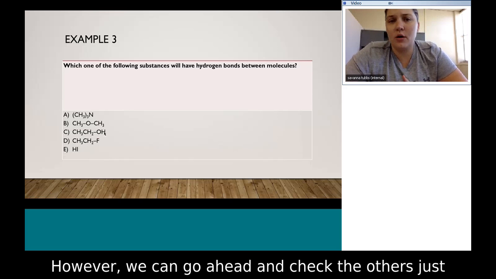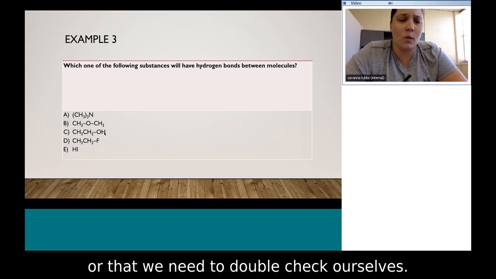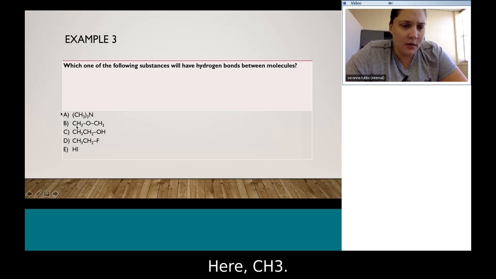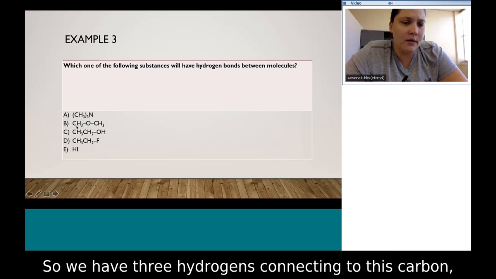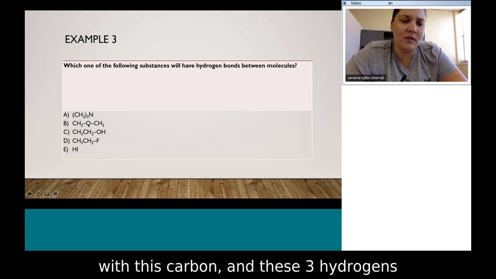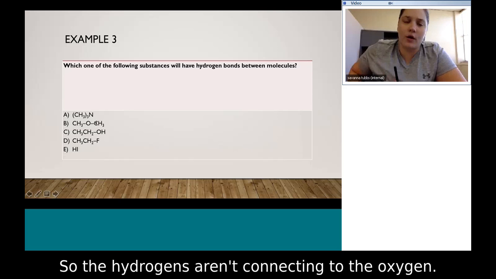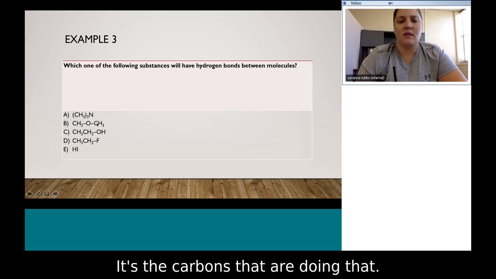So far, we think C is our answer. However, we can go ahead and check the others just to make sure that there wasn't a mistake. Here, CH3, so we have 3 hydrogens connecting to this carbon. This carbon connects to the oxygen, same thing with this carbon, and these 3 hydrogens connect to the carbon as well. So the hydrogens aren't connecting to the oxygen, it's the carbons that are doing that.